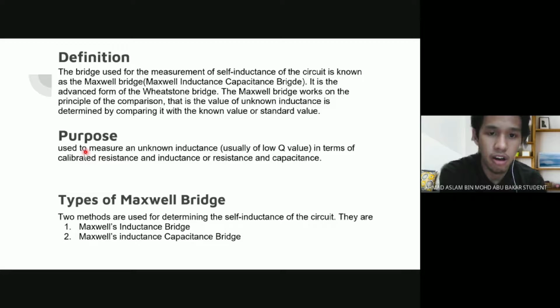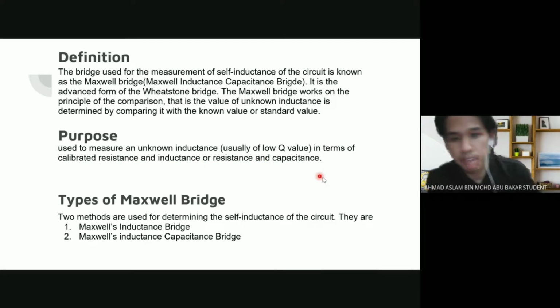The purpose of Maxwell bridge is to measure an unknown inductance, usually of low Q value, in terms of calibrated resistance and inductance or resistance and capacitance.